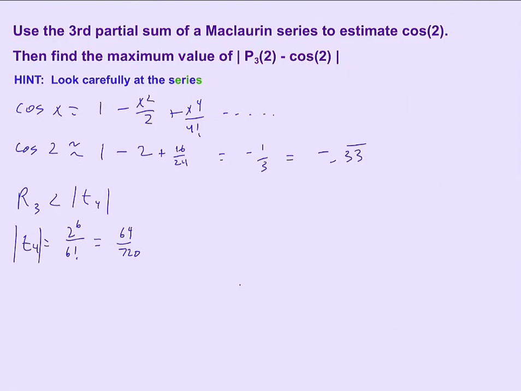Which means that our answer is somewhere between negative 1/3 minus 64 over 720, which we can reduce quite a bit. Divide them both by 8. That's 8 over 90, which is 4 over 45.